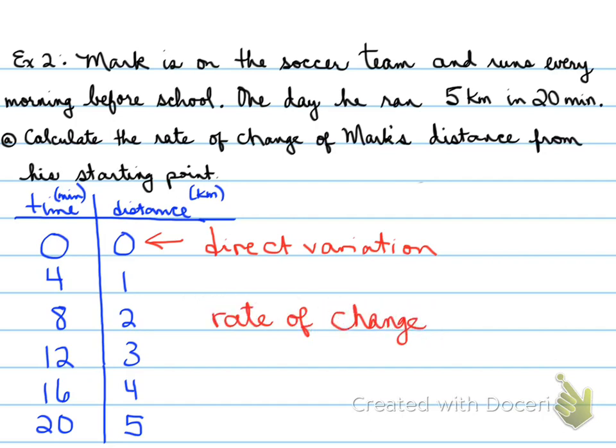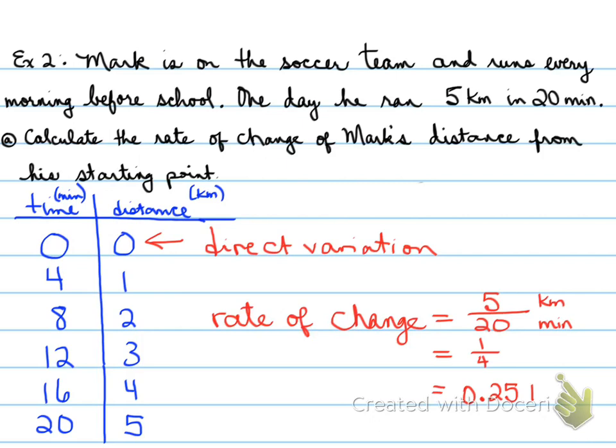What is Mark's rate of change? Well, Mark runs 5 kilometers in 20 minutes. So we need to know how many kilometers he runs per minute. So he runs 1 kilometer in 4 minutes.